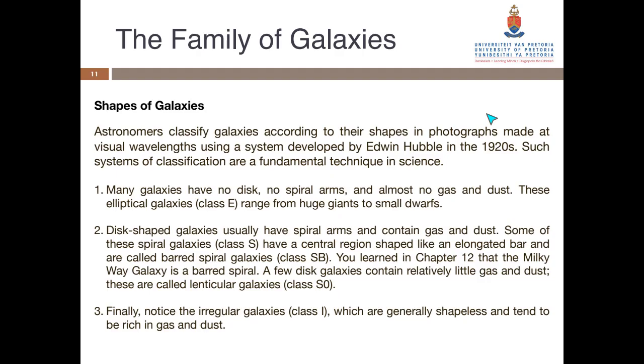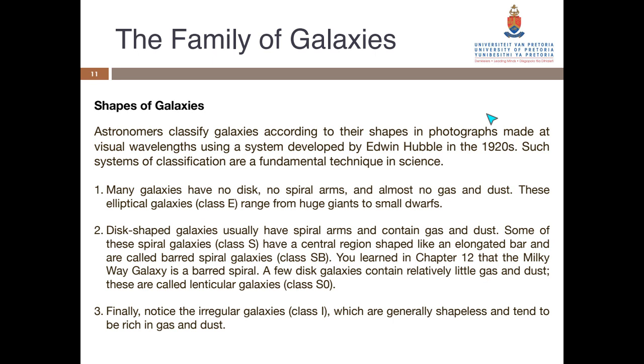Second, we get disc-shaped galaxies, which usually have spiral arms and contain gas and dust. And some of these spiral galaxies, class S, have a central region shaped like an elongated bar and are called barred spiral galaxies. So E is elliptical, S is spiral, and SB is barred spiral galaxies.